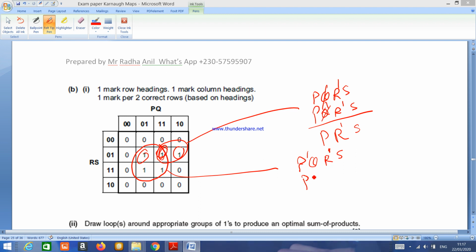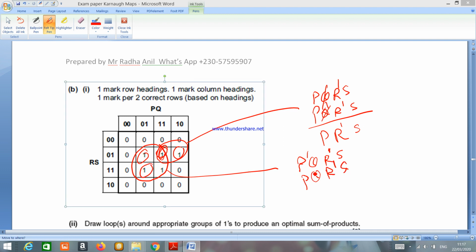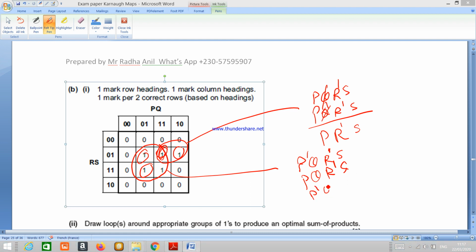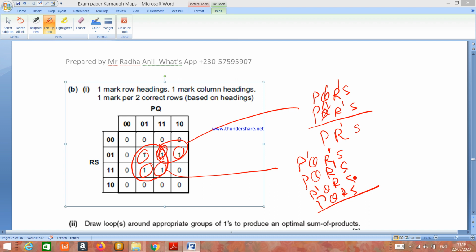It's P Q R dash S. Next, this one now is P dash Q and RS. Last one now, P Q RS. Now when we work this out, you see P is changing, so P cancels. S is changing, so S cancels. What remains is Q and S.